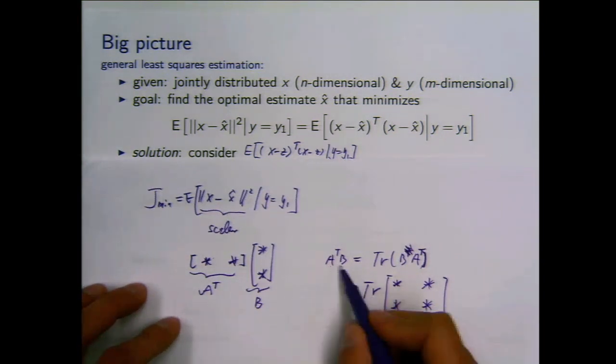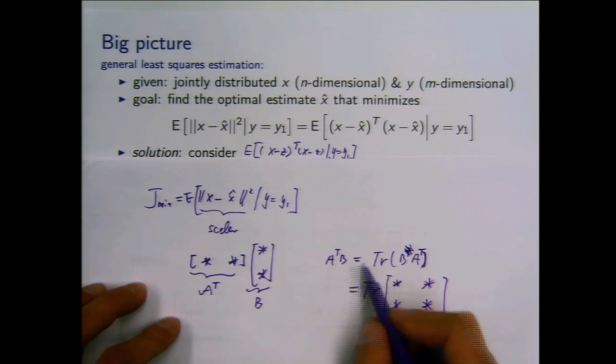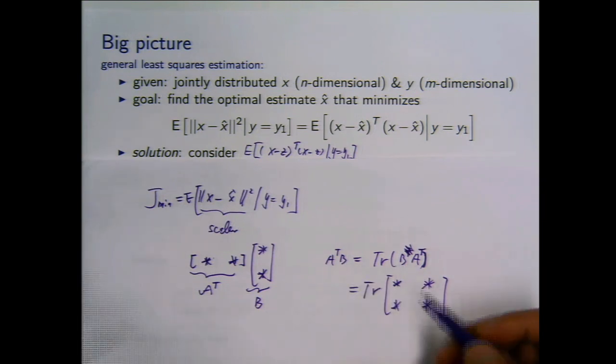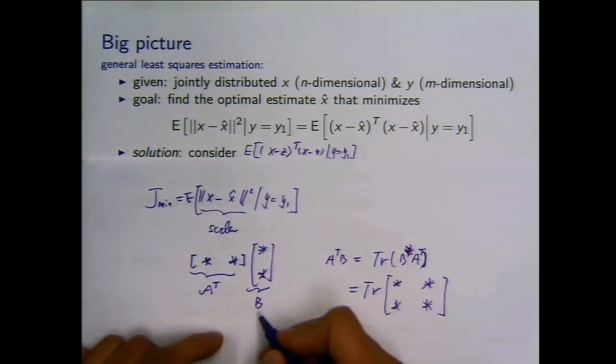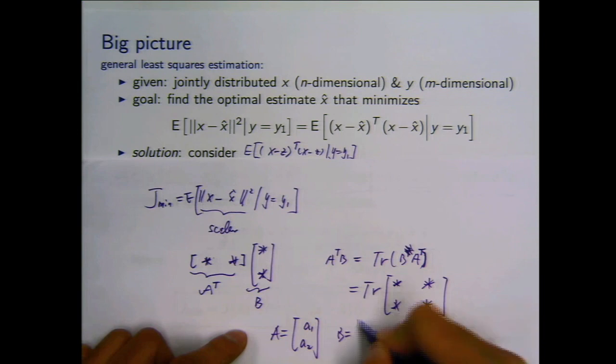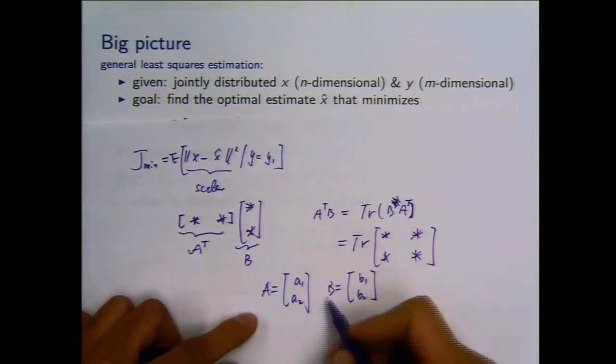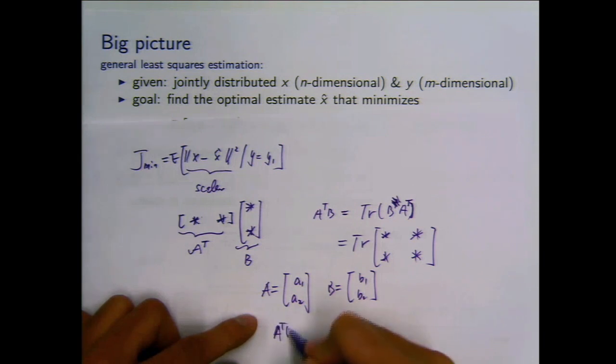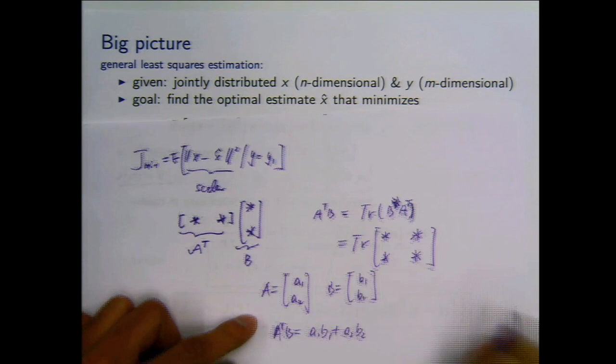If A is a vector, B is a vector, A transpose times B equals trace of B times A transpose. You can verify, for example, A equals A1, A2, B equals B1, B2. A transpose B equals nothing but A1 B1 plus A2 B2.